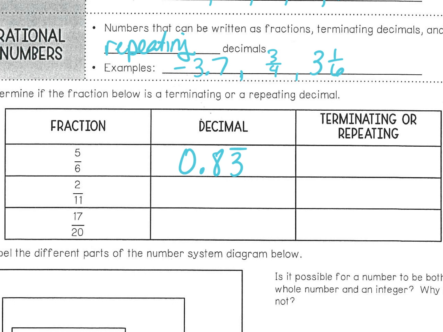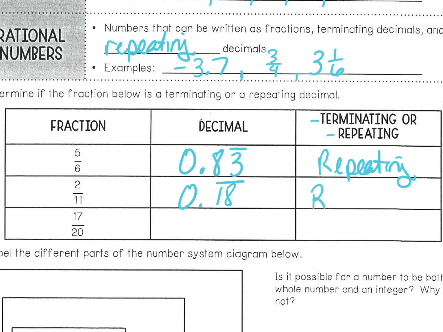Then we decide, is it terminating or repeating? We know that because this one repeats, it's 0.83333, so this is repeating. Then we go 2 divided by 11, hit enter, get ourselves a decimal, 0.18 repeating, 18, 18, 18.